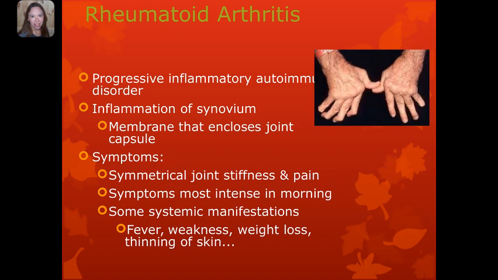And over time, as the condition worsens, we do see deformation in the hands. And once the disease progresses to a point, we can't get that mobilization back in those joints. The symptoms that patients experience are going to be symmetrical joint stiffness and pain. So it's not just one-sided. It's going to be all the joints are affected.